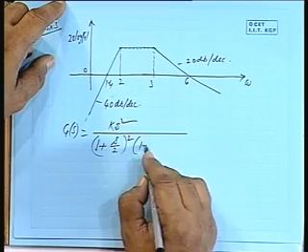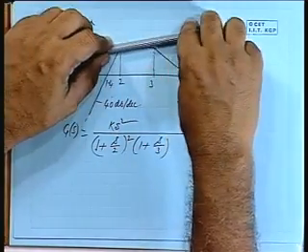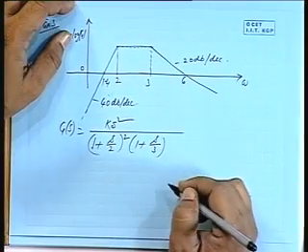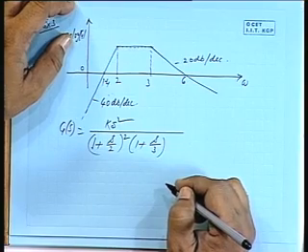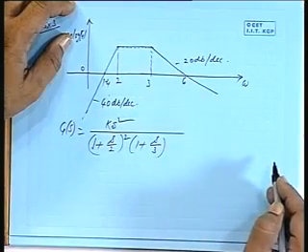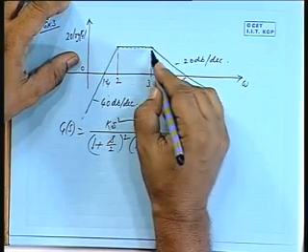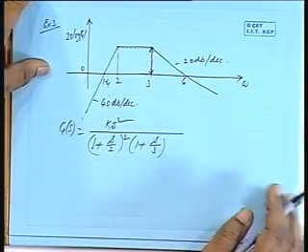Then 1 plus s by 3. Here you are having a further fall of 20 dB per decade. Then anything else? Nothing else. It continues. Okay. Then how do you identify k? So you have to identify this height. How do you do that?